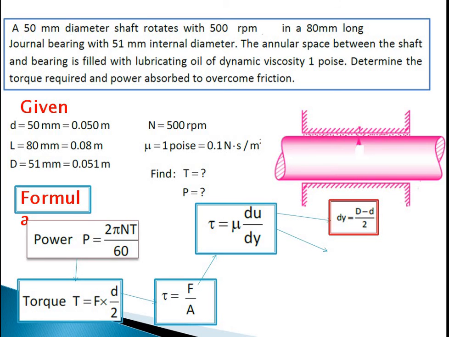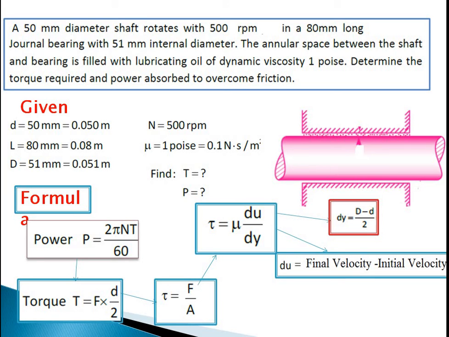How do we get the next quantity, du? It is nothing but final velocity minus initial velocity. Here the final velocity u is given as pi D N by 60. Here N is given and diameter D is known, so it is possible to calculate the final velocity. Initial velocity will be considered as 0.